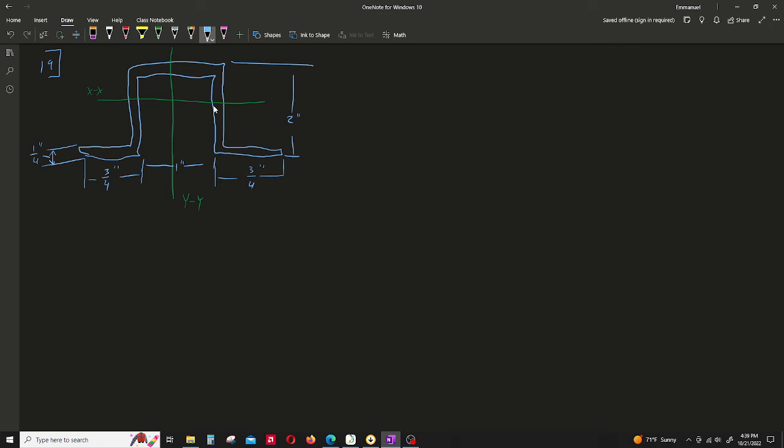Alright, so for number 19, we've got a couple of things going on here. The way I broke it up is like this. I'm just going to draw pink lines where I broke it up.